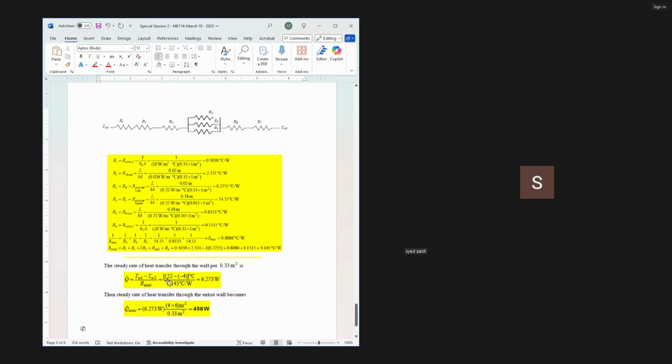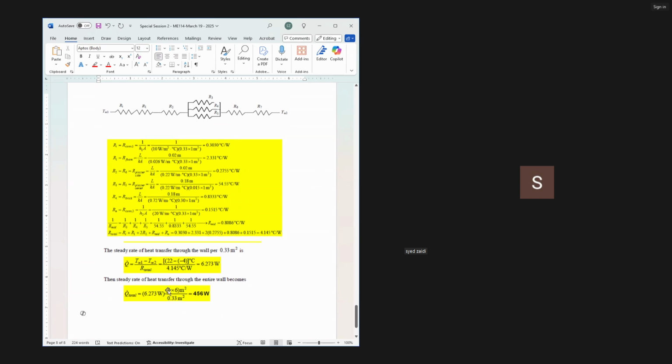So you must have T infinity 1 minus, then another minus 4, because T infinity 2 is minus 4 degrees centigrade. So this is very important: you put minus minus, and it will become plus. If you put 4 and use this minus as minus 4 degrees centigrade, that will be a disaster because you will get the wrong value.